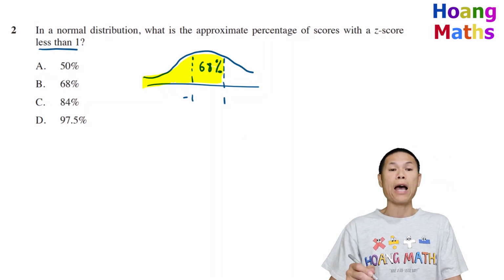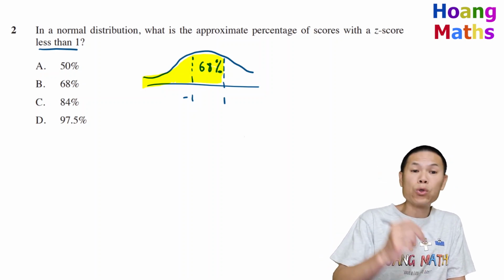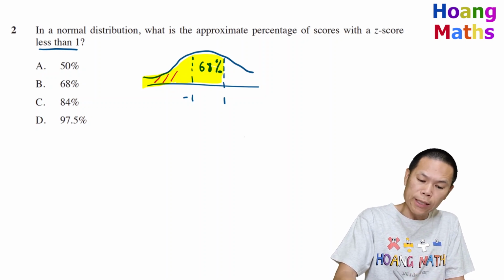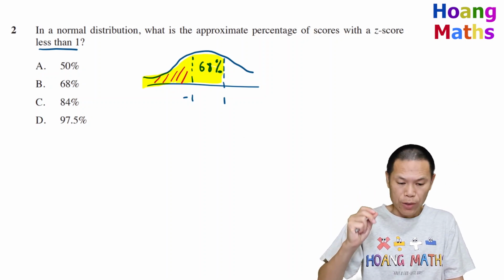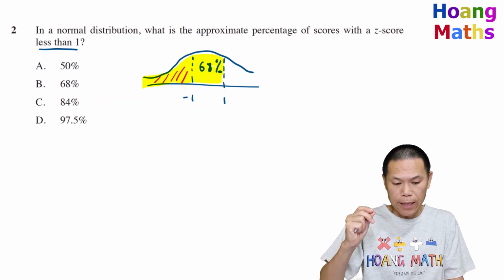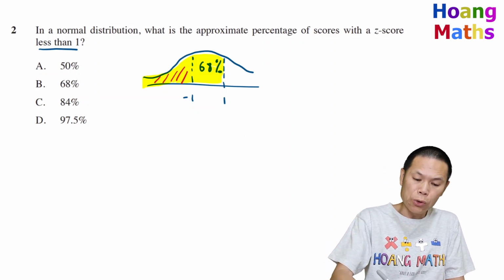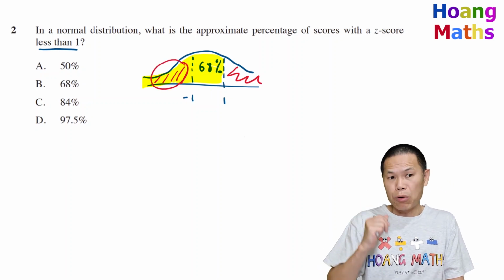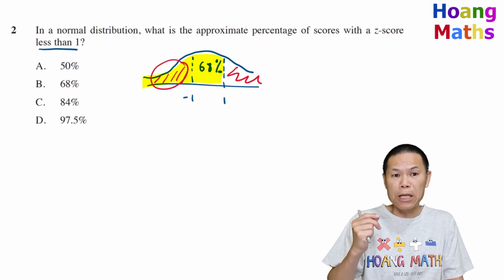So this is what we're after. We know that altogether is 100%. So what we can do, we can work this out by 100 minus 68%, and then we divide by 2, because this part and this part have the same probability because it is symmetrical.